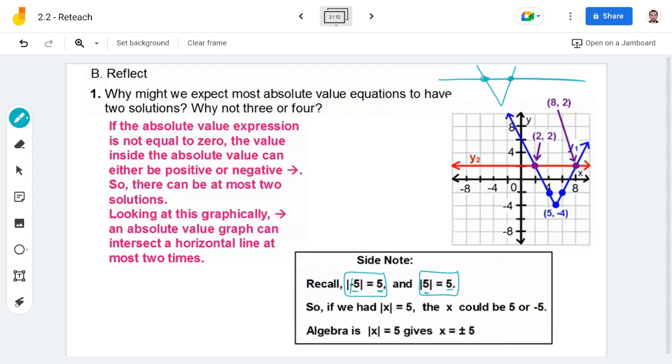So if we have the absolute value of x equal to 5, x may be equal to 5 or negative 5, because negative 5 and 5 give the same answer. So algebraically, if the absolute value of x is equal to 5, x may be positive or negative 5 because we don't know.